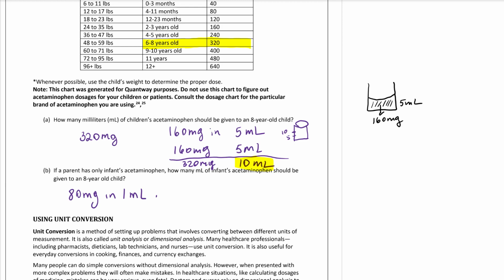We would like to give this child 320 milligrams of medication. That's what's recommended for the 8-year-old. Then how much would it be? How much ml should we give to the 8-year-old child? Okay, so I will give you a moment to figure this out.